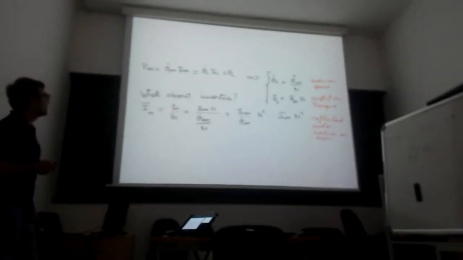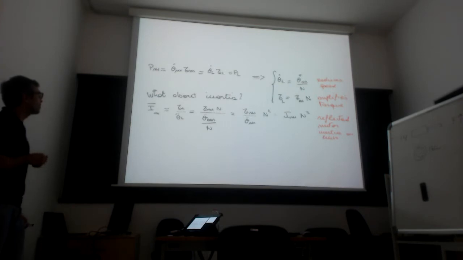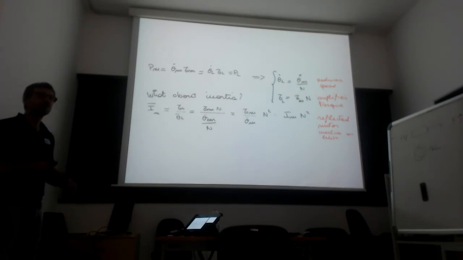But if you look at the inertia, let's write down the inertia of the motor reflected to the link. To compute the inertia, we take the torque at the link divided by the acceleration at the link.